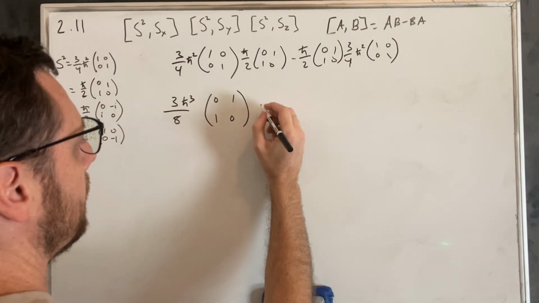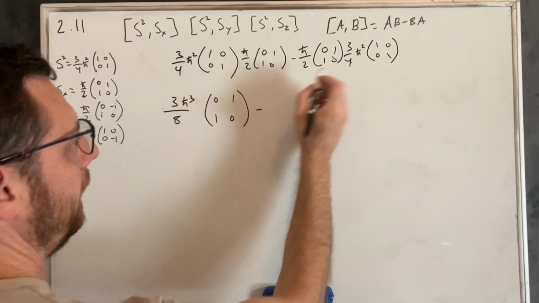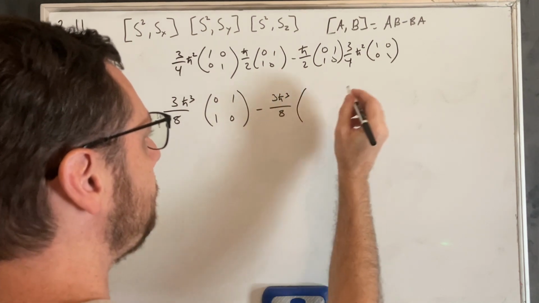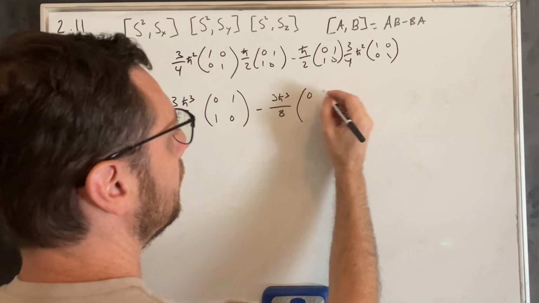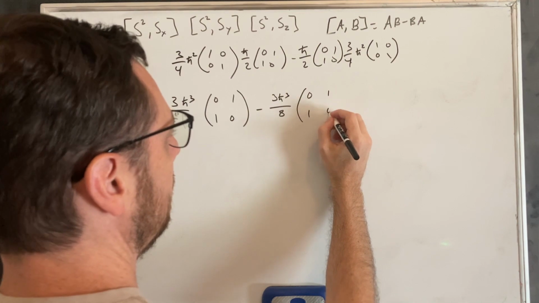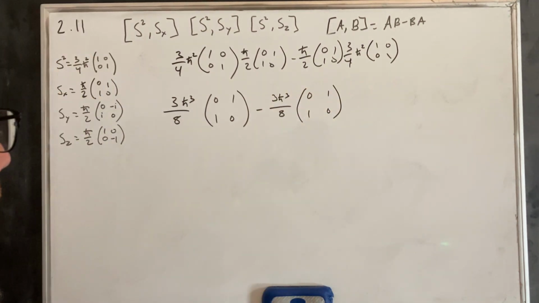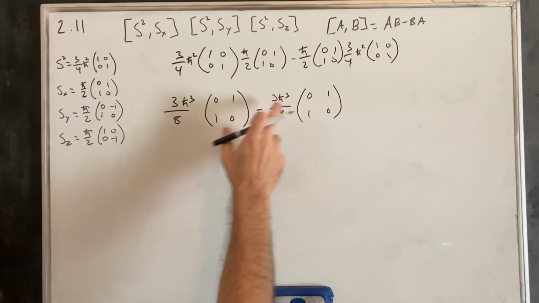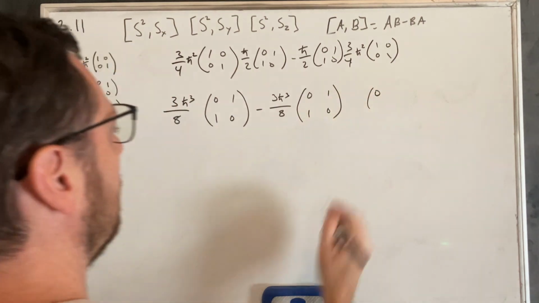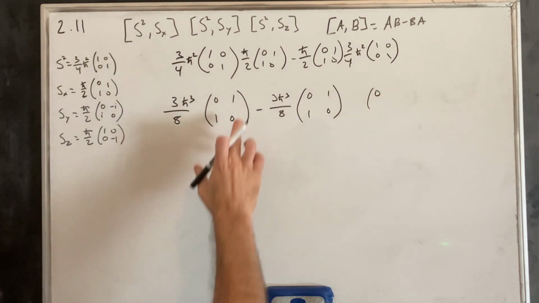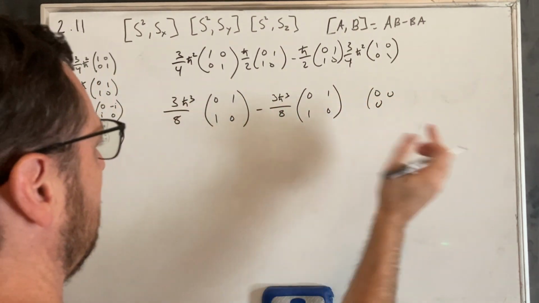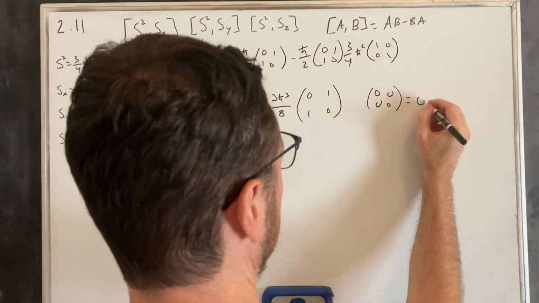And then minus, we'll have the same thing out here, 3 h bar cubed over 8, and we'll have 0, 1, 1, 0. So then we'll have 0 minus 0 is 0, 1 minus 1 is 0, 1 minus 1 is 0, and 0 minus 0 is 0. So that'll be 0.